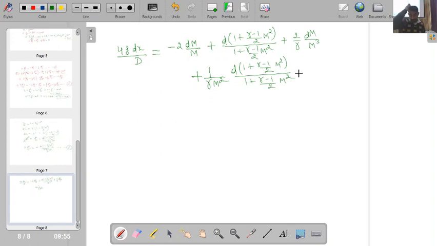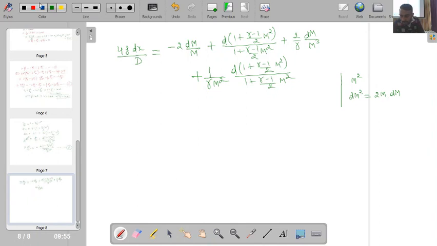Now from another point, what I can do in the first term: if I have M square, and I have to calculate d of M square, then I can write d of M square as nothing but equal to 2 times M into dM. Is this point clear? So 2 times M into dM I can replace with d M square.